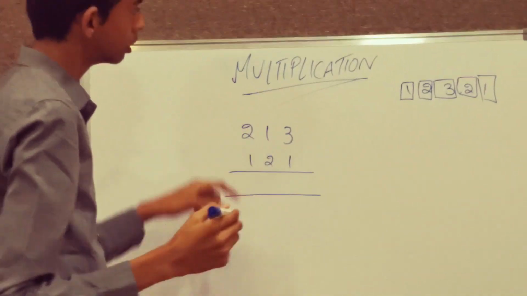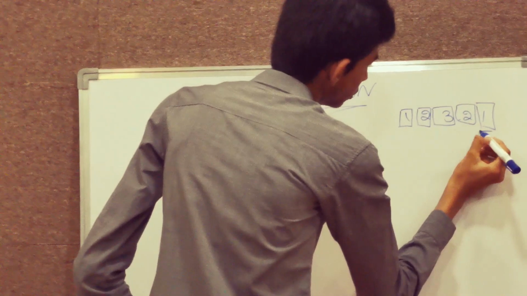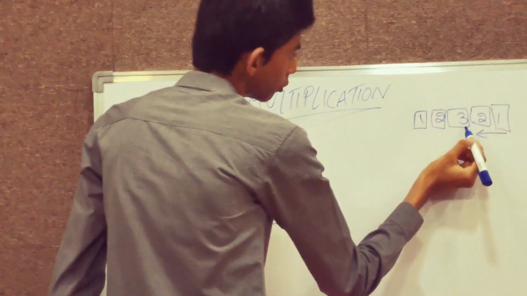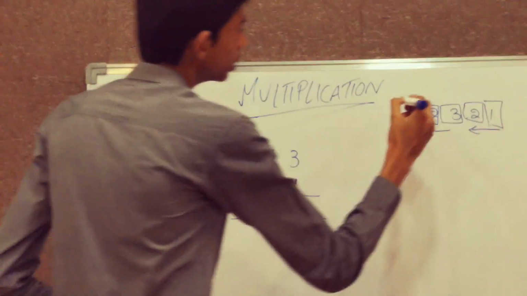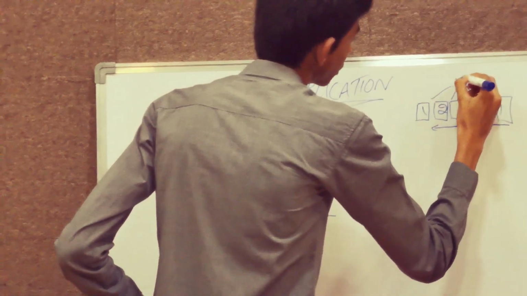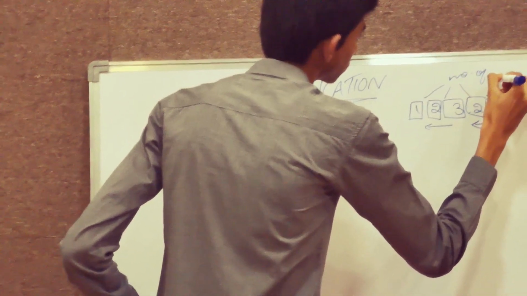So here till 3 we are increasing, and then after reaching the highest number of digits we are decreasing it to the 1. So here these represent the number of columns.